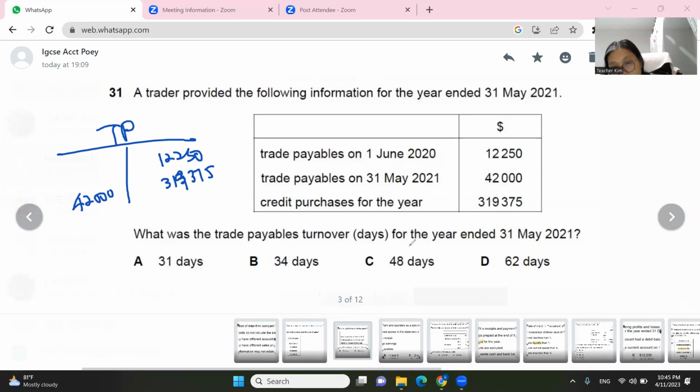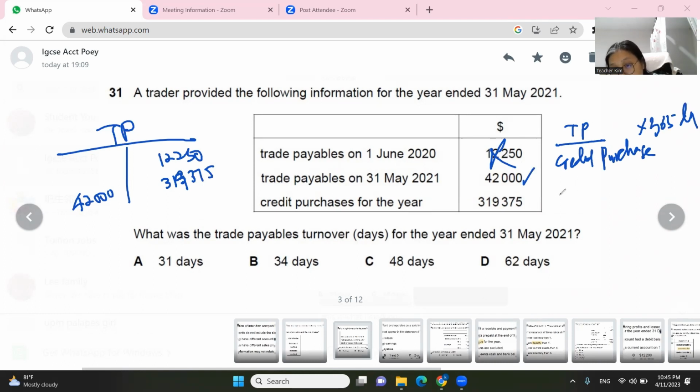Okay, this one you have to take the trade payable divided by the credit purchases, times 365 days. In this case, the opening is not relevant. You take the closing, not the opening.